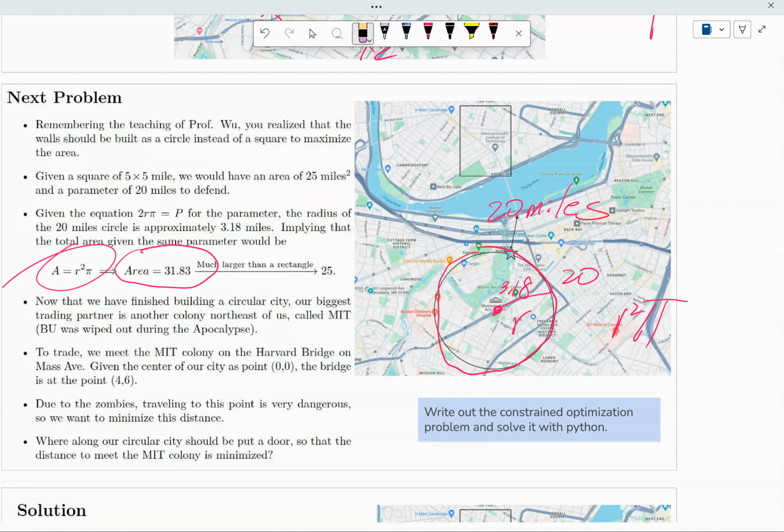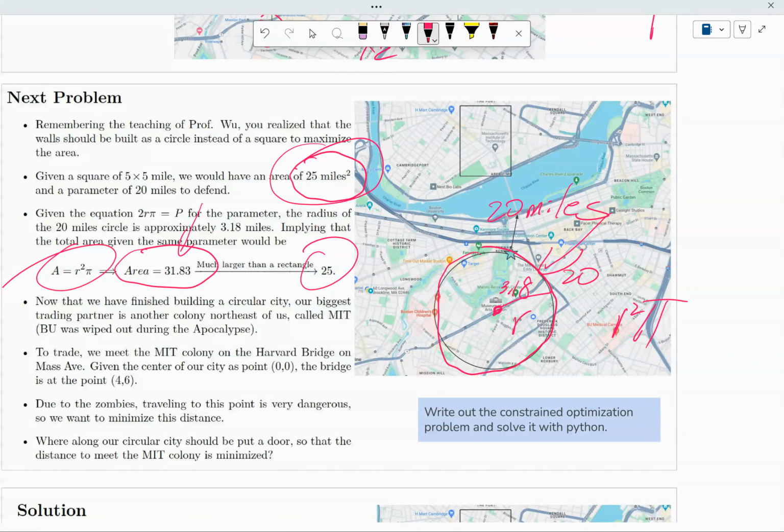Remember, had you built a rectangular wall of 5 by 5 miles, you would have had 25 square miles. But if you use a circle instead of a rectangle, you would have 31.83 square miles. So 31 versus 25 is much larger. By building a circular wall as opposed to a rectangular wall, you maximize the area while minimizing the perimeter. So you need to guard the least amount of perimeter while maximizing the area for people to live in.